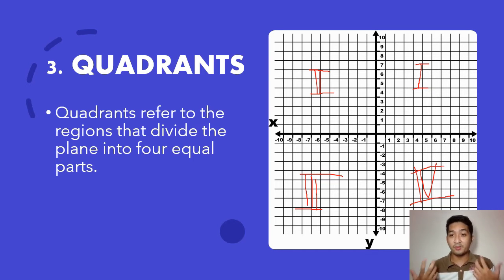How about in the y-axis? There is no negative number in the y-axis of quadrant 1. Therefore, always remember that in quadrant 1, the points are always both positive. The x and the y values of the coordinates in quadrant 1 are always positive. They are both positive.